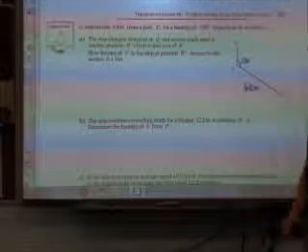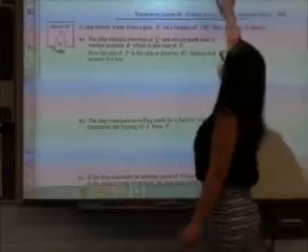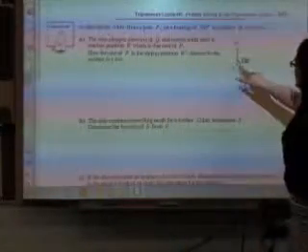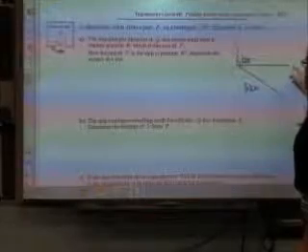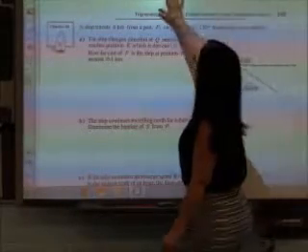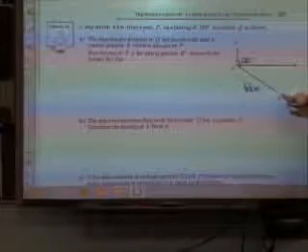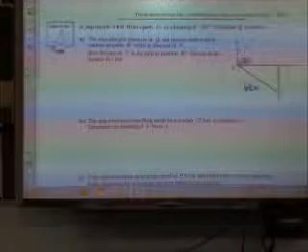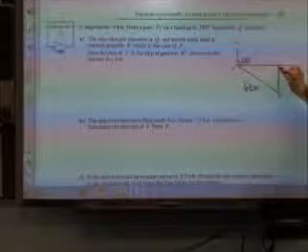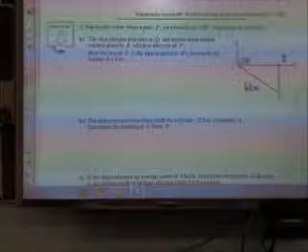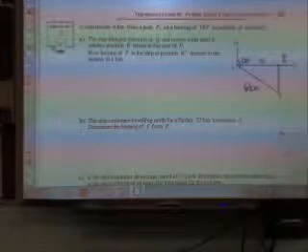The ship changes direction at point Q and travels north until it reaches position R, which is due east of P. So it's due east of P. That's due east, and it's traveling north. So this becomes point R. So how far east of P is the ship at R? This is the measurement I'm trying to find.